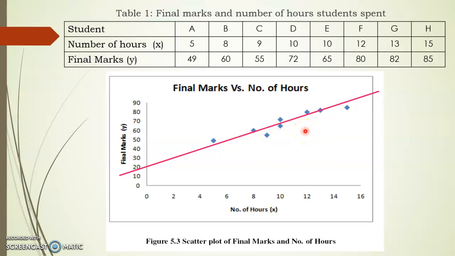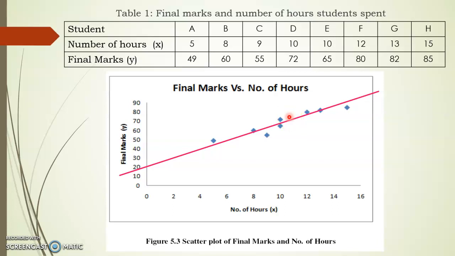You can try to use a ruler to draw a straight line that can be as close to as many plots as possible. Even though not all plots are exactly on this straight line, in a way you can find a straight line that can best fit this plot.